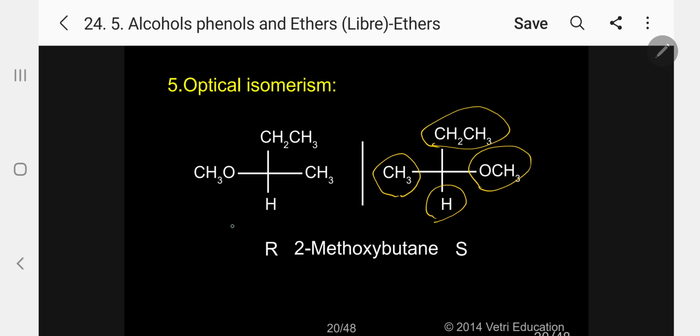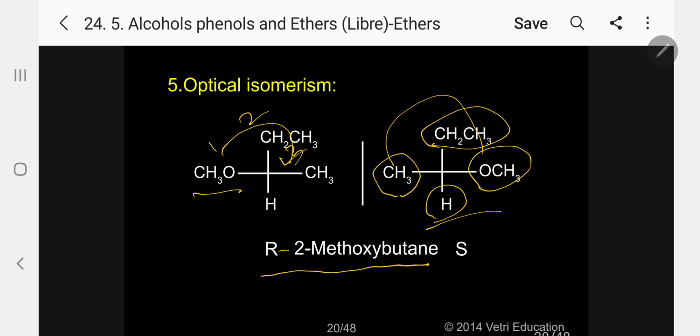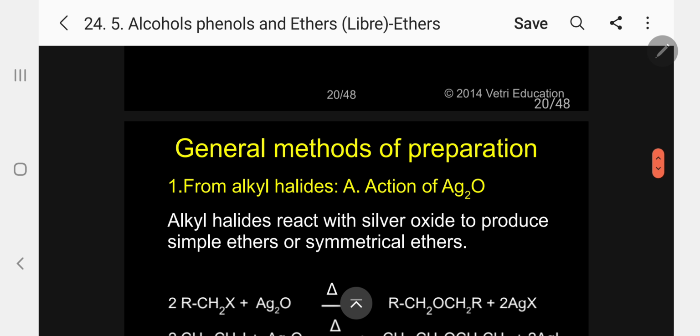Here, for convenience, I have written CH3O on the left side because it is R, not to bring R. 1, 2, 3 based on atomic number. So clockwise, R-2-methoxybutane. This is S-2-methoxybutane. Kindly follow. 2-methoxybutane is the general name, and this is R-2-methoxybutane, this is S-2-methoxybutane. Kindly follow. Optical isomerism.